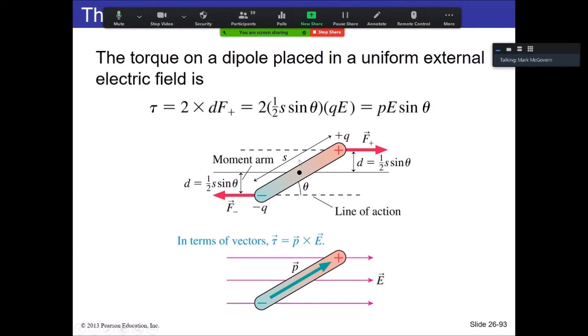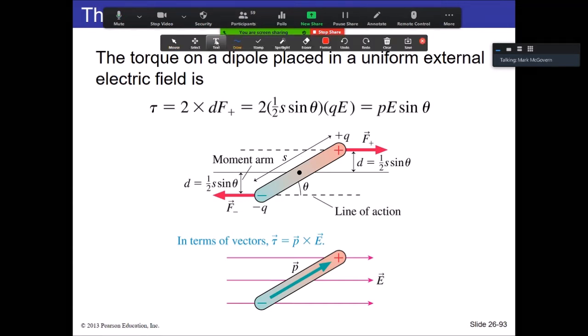If you imagine a little triangle here, and I'll annotate this so you can see the triangle, you can see the relationship there. I should set up more like this, I guess. So with that triangle, you can either establish the moment arm, which is the distance d right here, or you can just put it in terms of what I said before, 1/2 s sine theta.